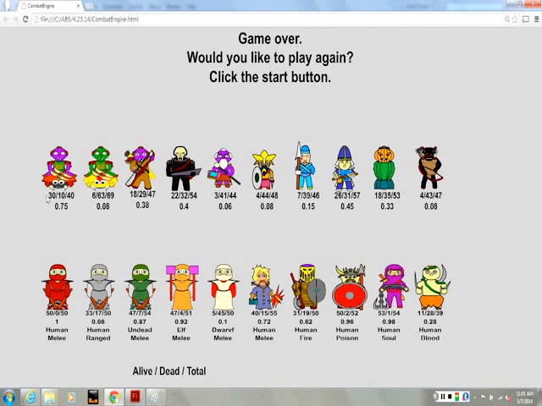It's just a matter of the dice roll of how many times he shows up at this point in this testing environment. He stayed alive at the end of the board 30 out of those 40 times, so he died 10 out of 40. See down here, alive, dead, total. So he was alive 75% of the time. When the iteration was over, he was alive 3 out of 4 times.